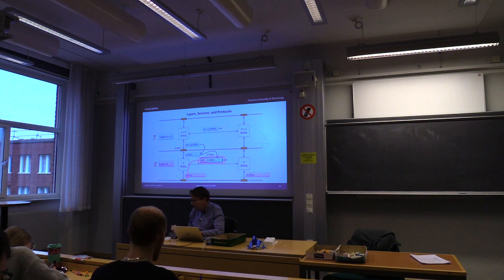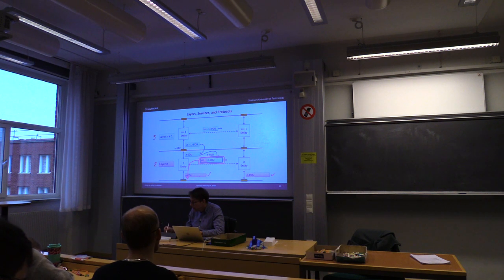Eventually, it goes down, and at some point, it pops up from layer 1 at the other side. These bits that are here are exactly the bits that pop up here, if everything works well. Now, what is the process at the receiving end? Well, it's to do decapsulation.